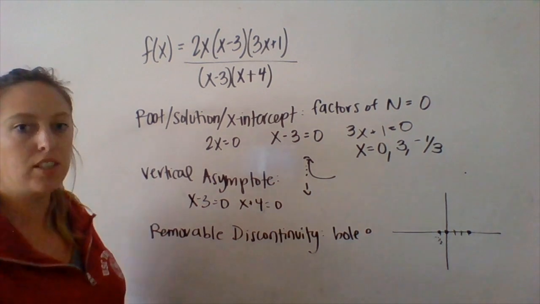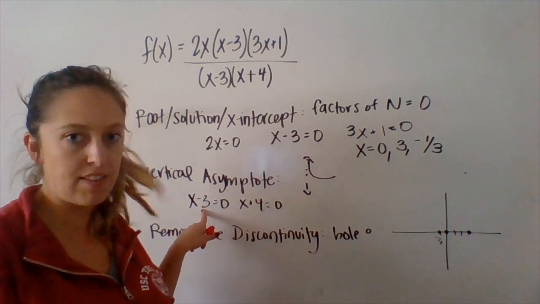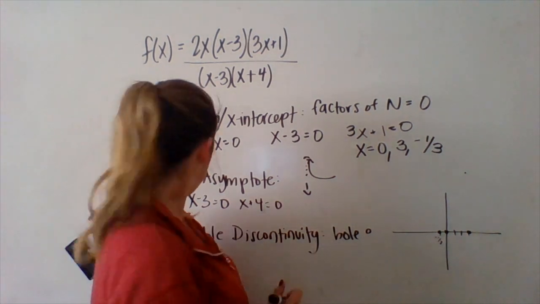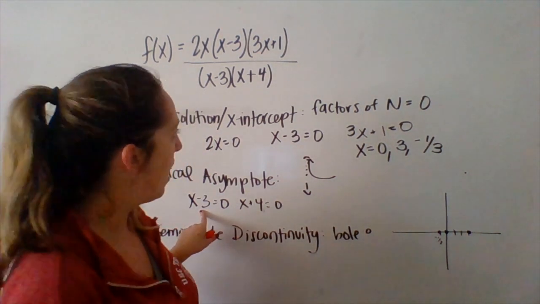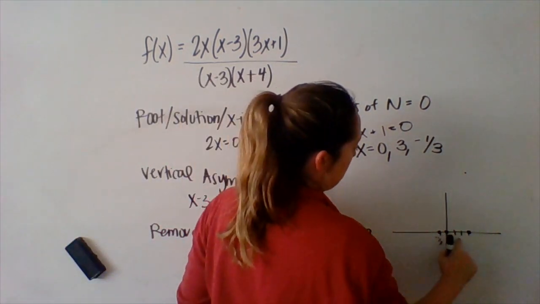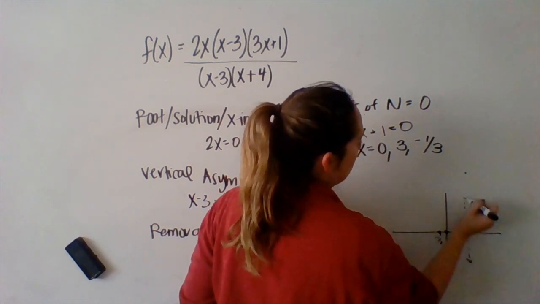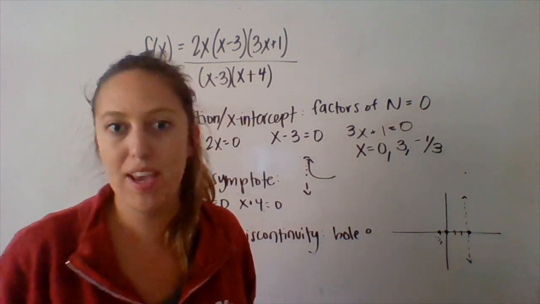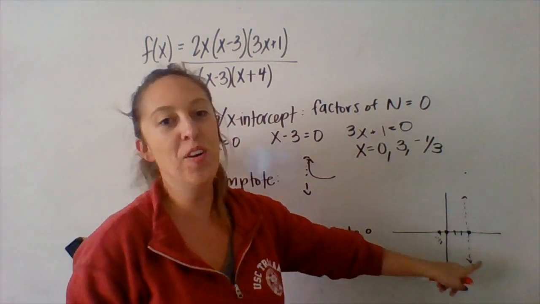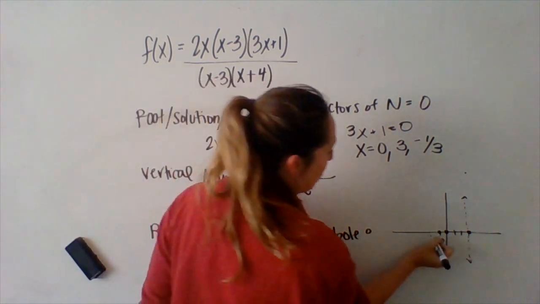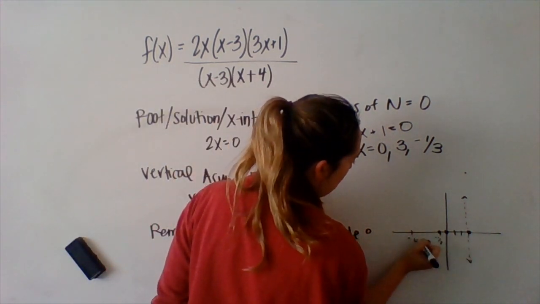So I have vertical asymptotes at positive 3 and negative 4. What that looks like on my graph is at positive 3, I would do a 1, 2, 3, an invisible line. So we make an invisible line using a dashed line because obviously we can't draw something invisible. So we're going to draw that one. And then x plus 4 would be a negative 4. So it's going to be somewhere over here.